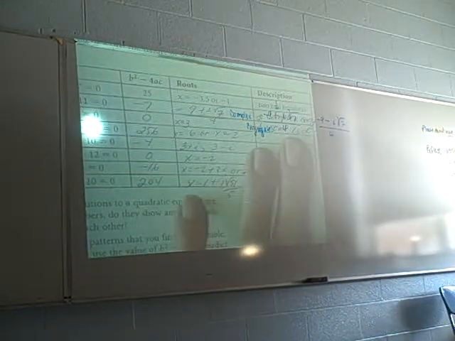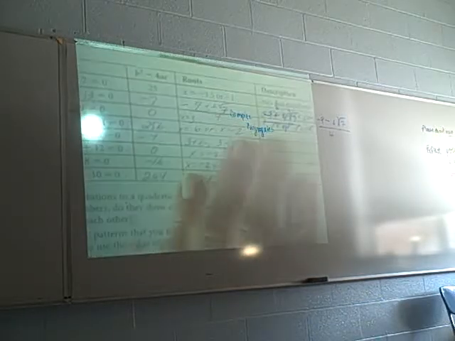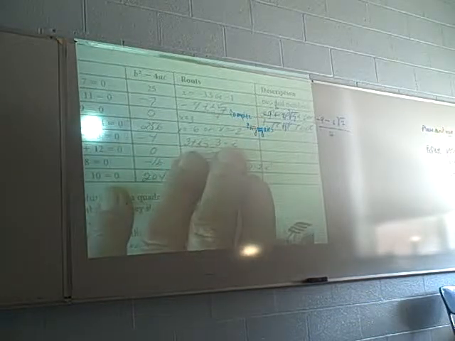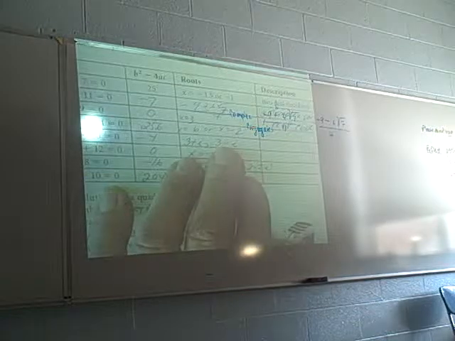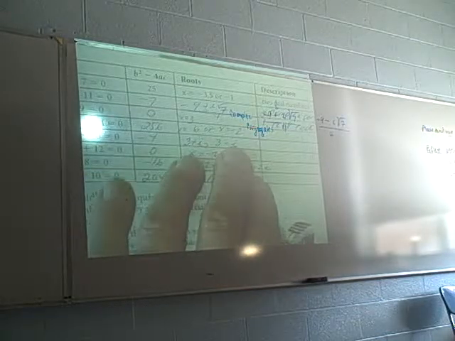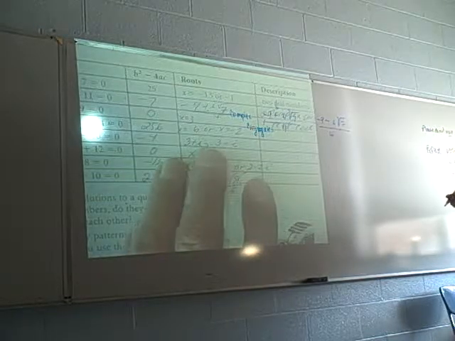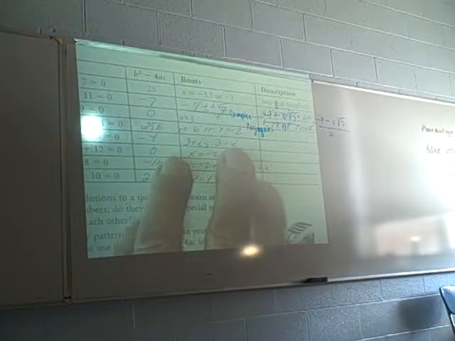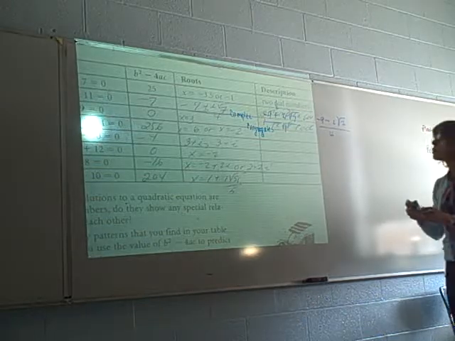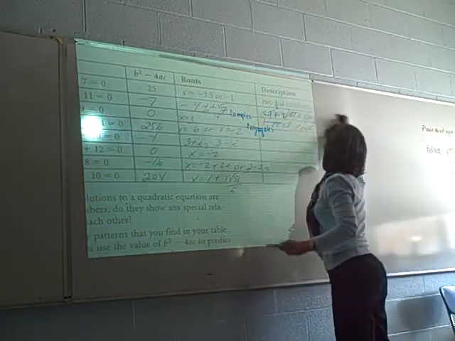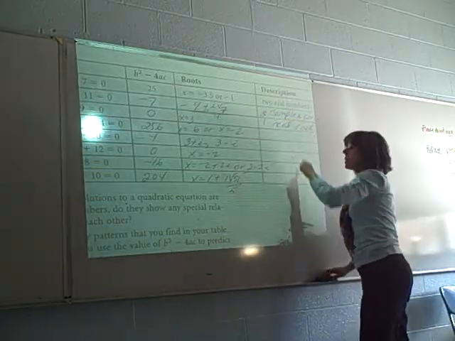What about the 3 plus i and the 3 minus i? Those are the complex conjugates. I'm just changing the sign before my i. Please make sure that you write this down in this section.